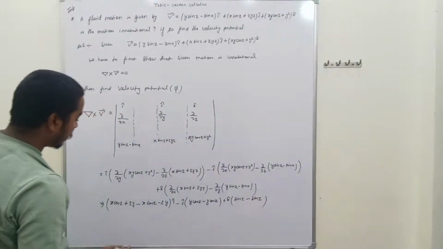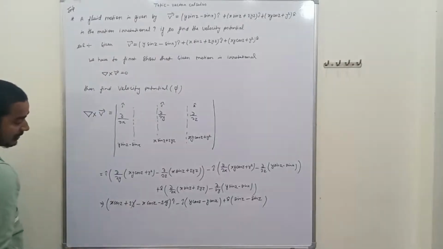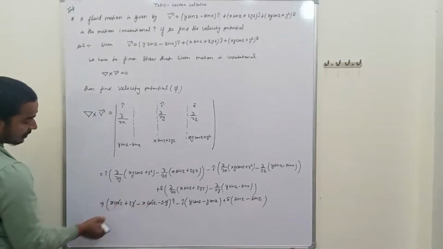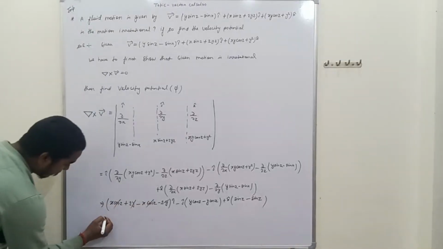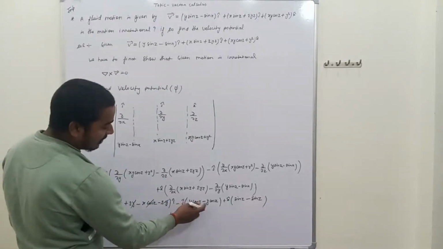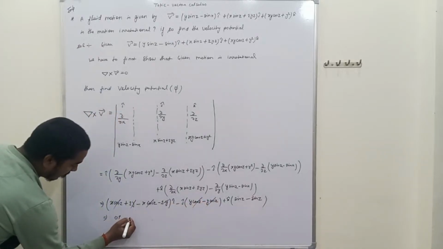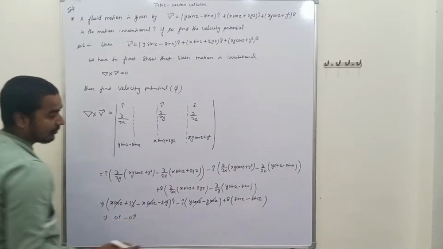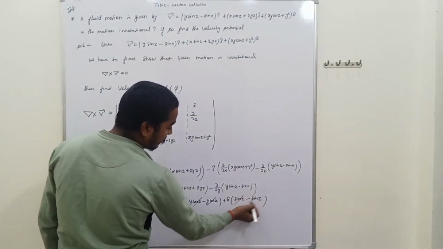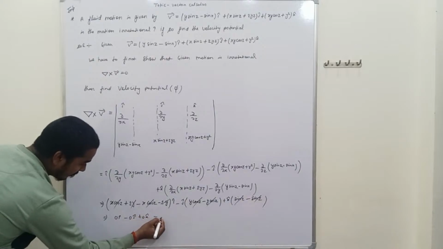Further we have to solve, that is here minus of 2y and plus of 2y is cancelled out, and minus of x cos z and plus of x cos z is cancelled out, then the remaining is 0 i cap, and for here that is y cos z minus y cos z is 0, this is also minus of 0 j cap, and from here sin z minus sin z, this is also 0, plus of 0 k cap, and we can also write equal to 0.